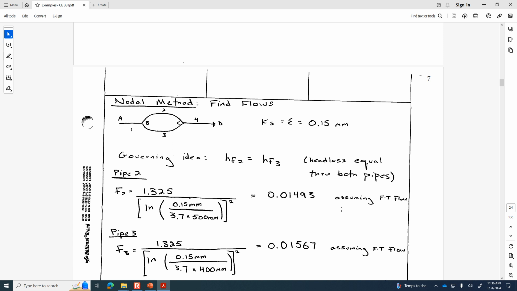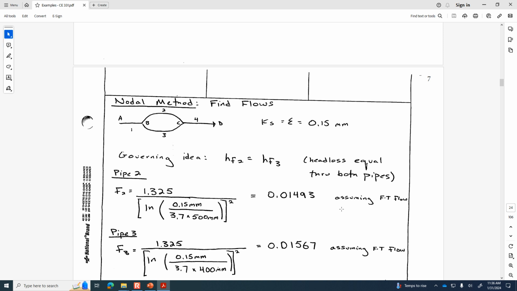All right, so we know everything we need to do a bunch of substitutions in here and get V2 in terms of V3. So it'll be some coefficient, a number times V3.